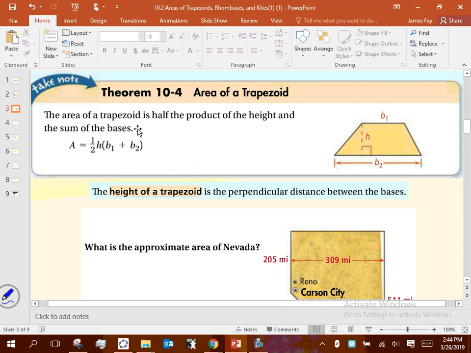So 1/2 H, B1 plus B2. That is your formula for finding the area of a trapezoid. Maybe something we already knew. Anybody already know that? No? Okay. That formula is created through the use of finding the area of a particular rectangle.